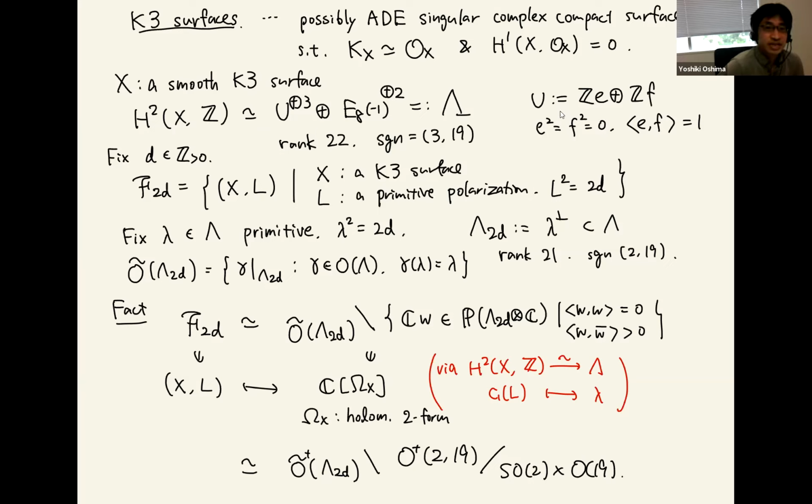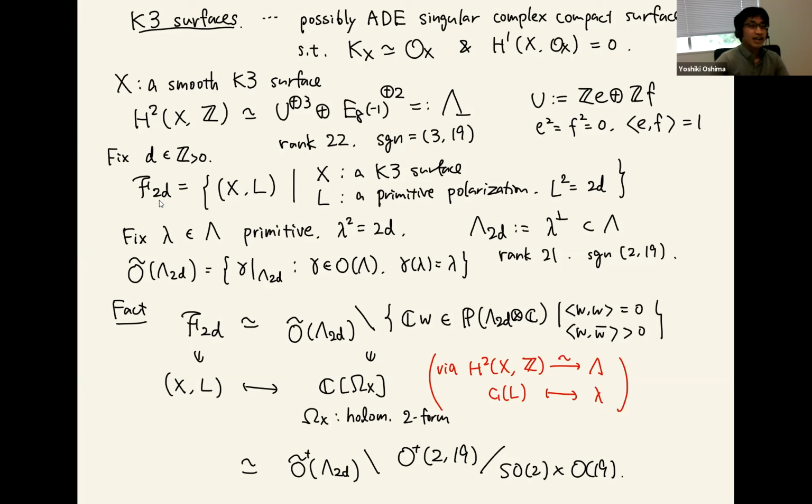U is a rank 2 indefinite lattice, and this is the negative definite E8 lattice, and by this we get a lattice of rank 22. The signature is (3,19).